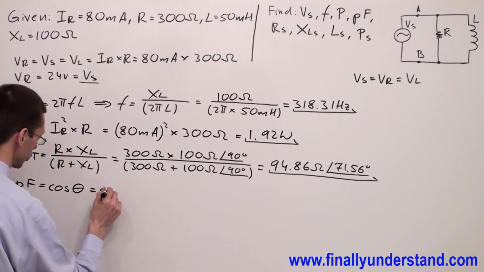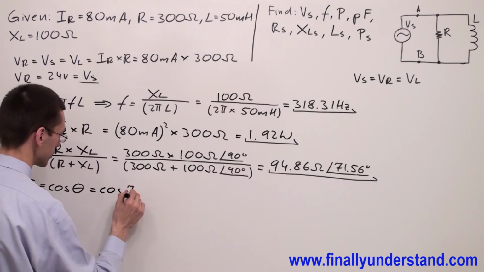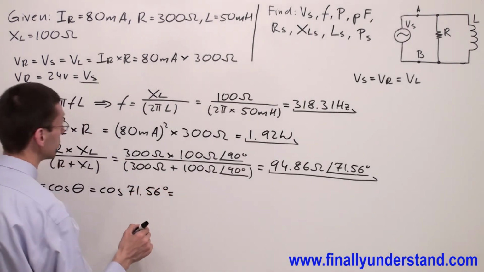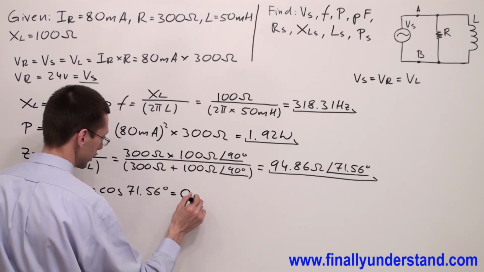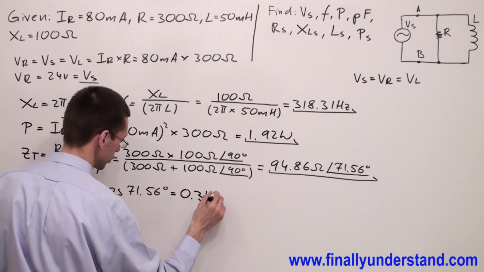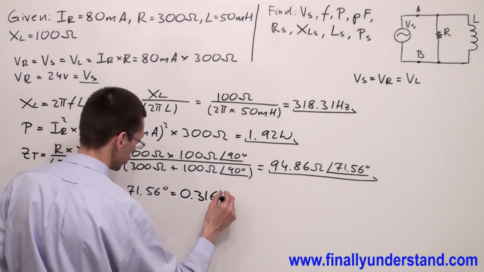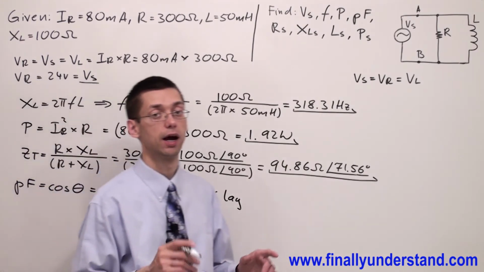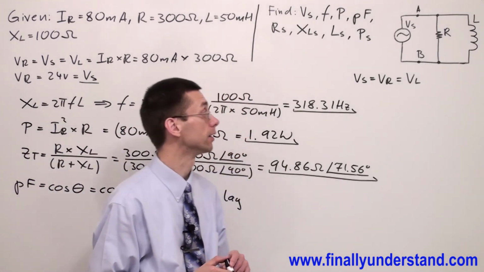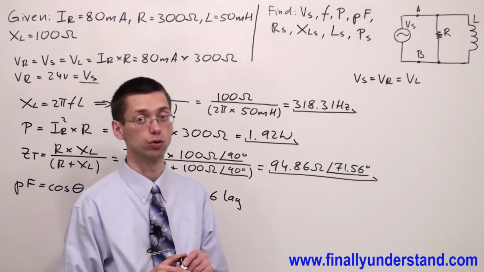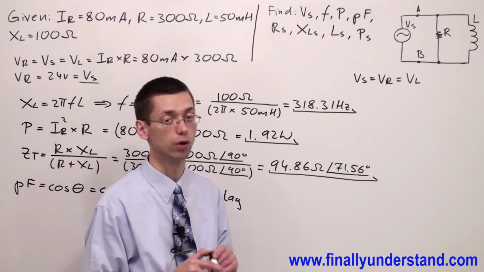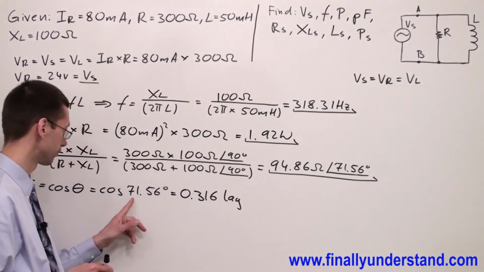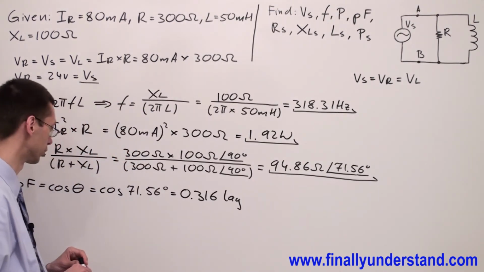So this is equal to cosine of 71.56 degrees, which is equal to 0.316. Of course this is lagging because we are talking about the RL circuit, and the total current in this circuit is going to lag the voltage source by an angle of 71.56 degrees.